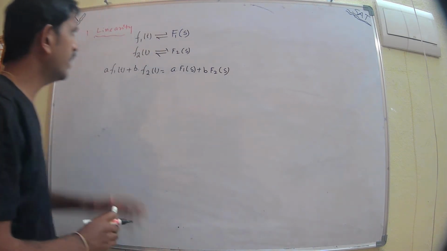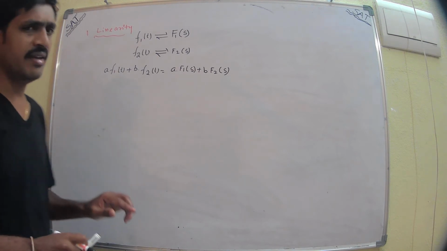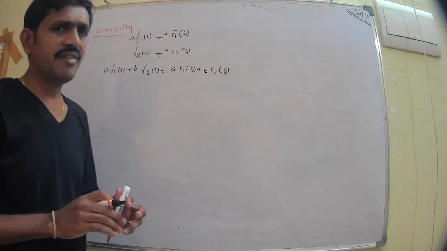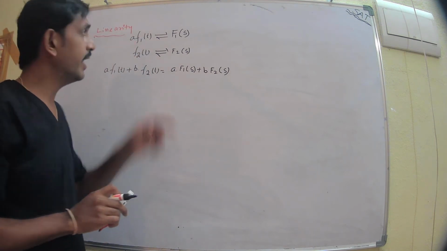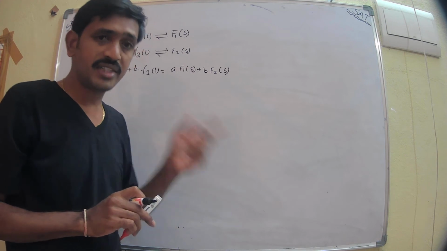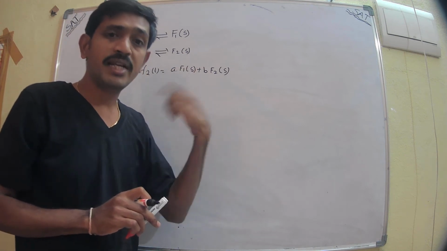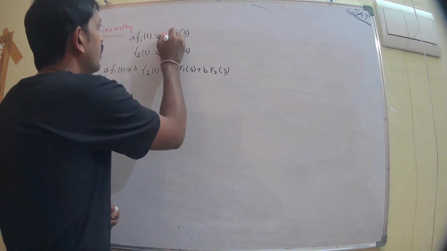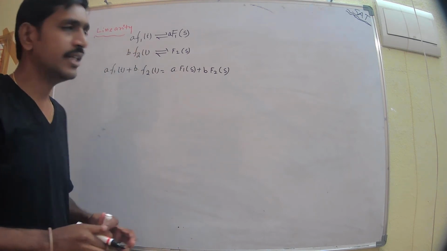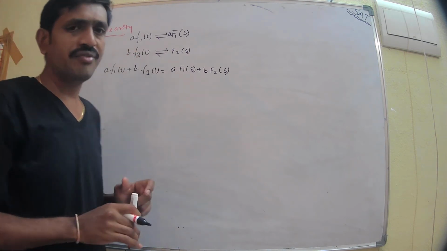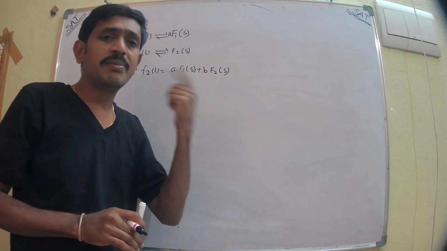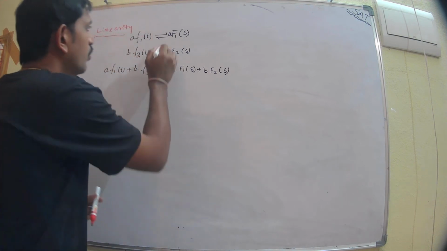If you multiply a constant a with the function f1 of t, then after transforming from the time domain to the s domain, the same constant is multiplied with the s domain function, that is a into F1 of s. Similarly, b is a constant multiplied with f2 of t, and after transformation the same constant is multiplied with the s domain function, that is b into F2 of s.